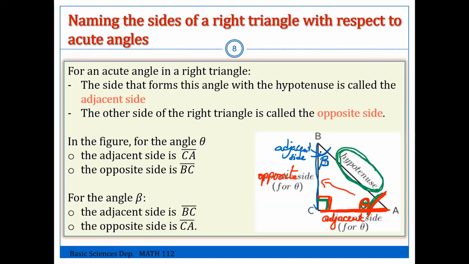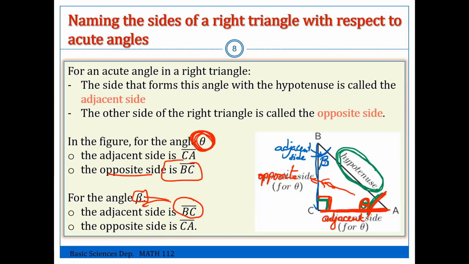So this is the adjacent for beta, but it is the opposite for theta. واضح؟ هذا نفس الشيء adjacent for theta لكنه هو الopposite for beta. إذا الضلع بي سي هذا يلعب دور مزدوج. هو adjacent side for beta, but it is opposite side for theta.